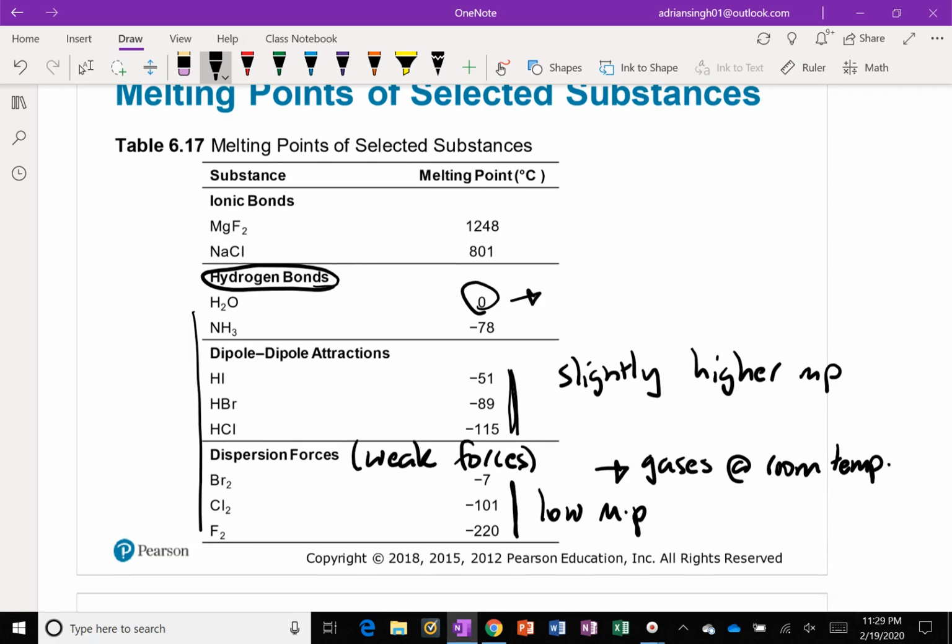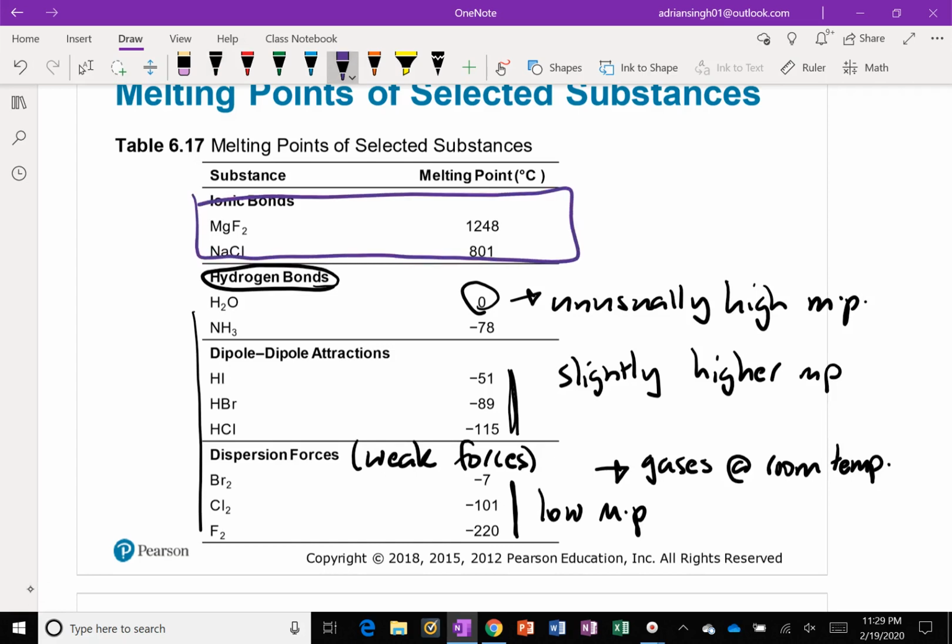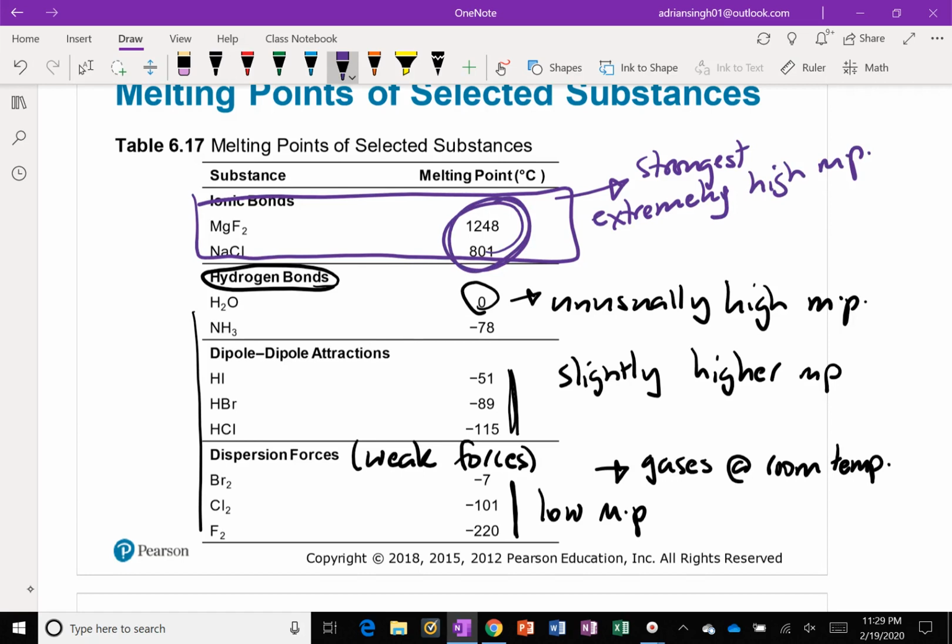So something like water has an unusually high melting point, right? And that's due to the relatively strong hydrogen bonds. Then on the other end of the spectrum here, you have your extremely strong ionic bonds, right? These are the strongest forces of attraction, so they have extremely high melting points. So it takes a lot of energy to separate these ions from each other.